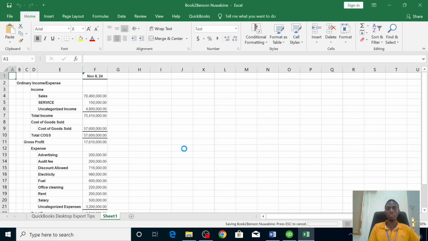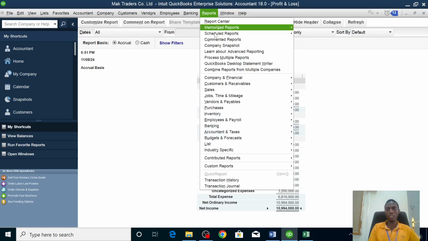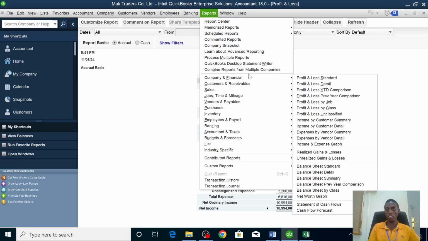Yes. Now my file is saved right here. I come back to my software, my QuickBooks reports. Then I have to export the other report of balance sheet. I come to balance sheet standard.